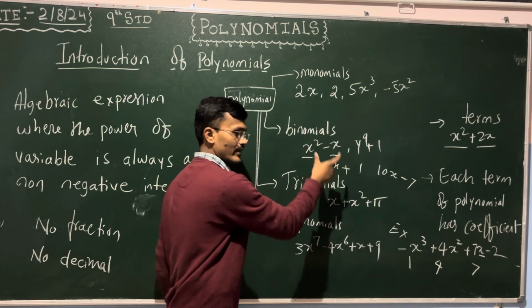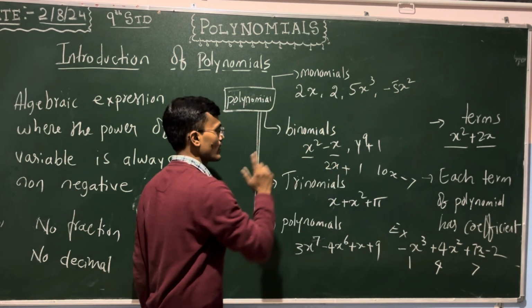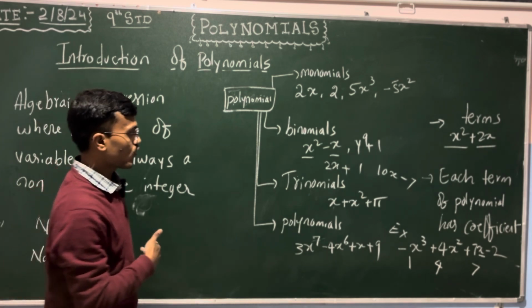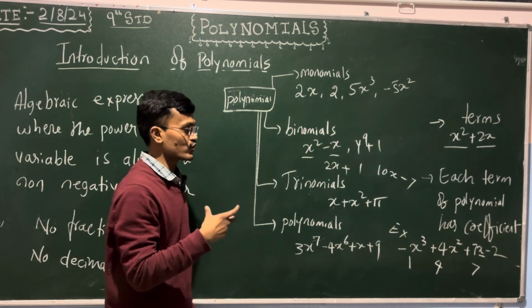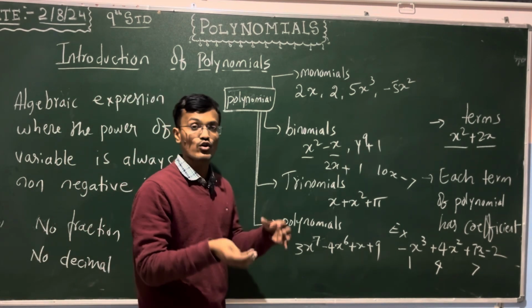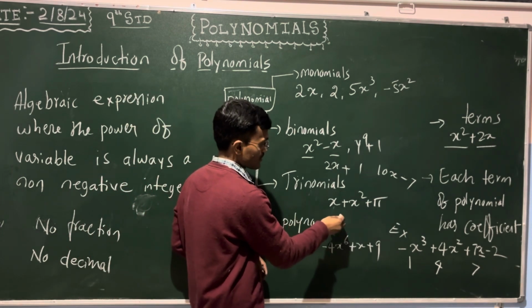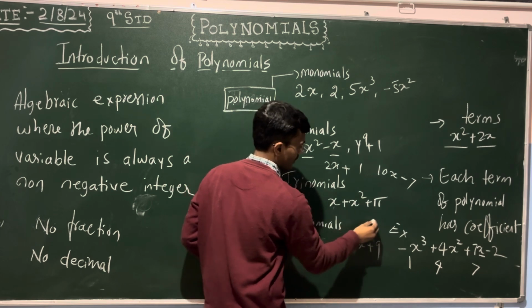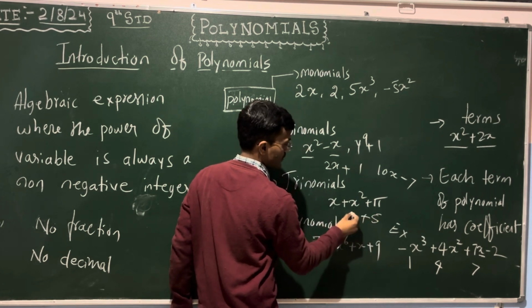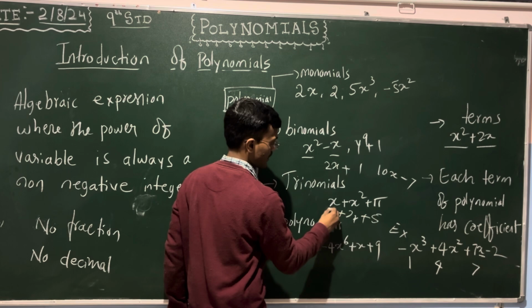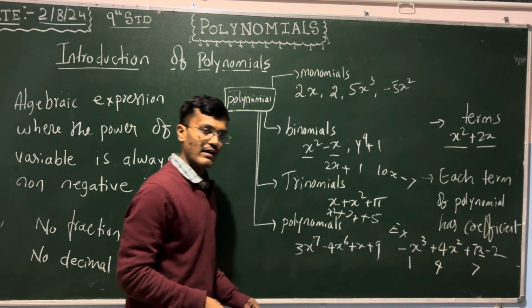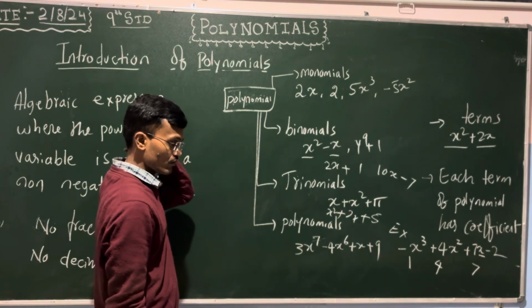So the condition is that two terms must be there in a binomial. Let's move on to the trinomial. A trinomial consists of three terms, either constant terms or variable terms. For example, a constant term 5 and variable terms 2x plus x square.